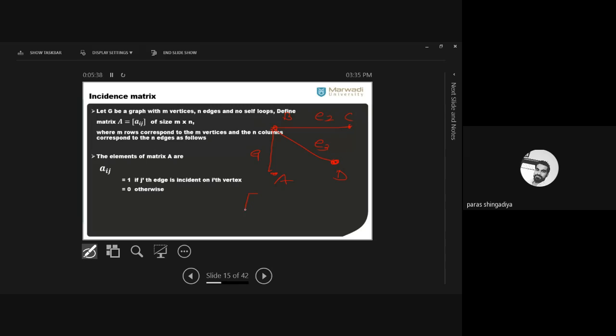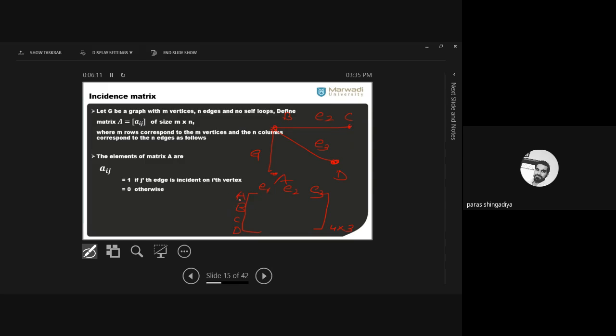So the order of the matrix will be 4 by 3: 4 rows and 3 columns. The rows are for vertices A, B, C and D, and the columns are for edges E1, E2 and E3. Now we'll replace with 1 and 0.